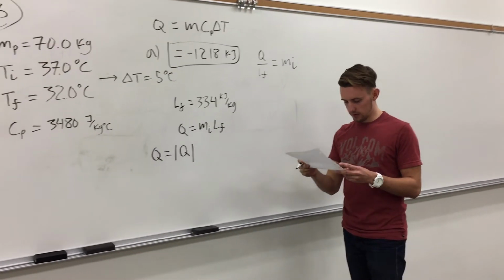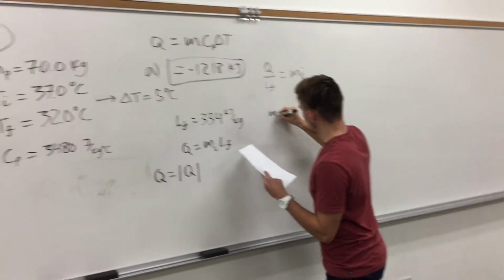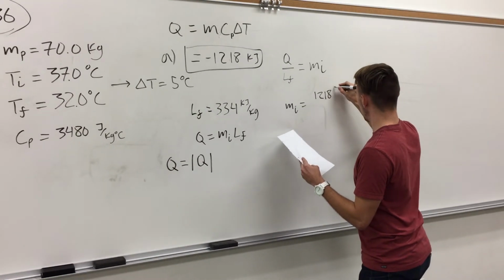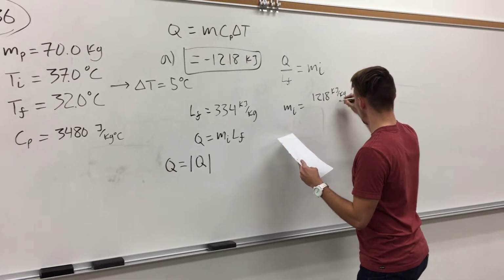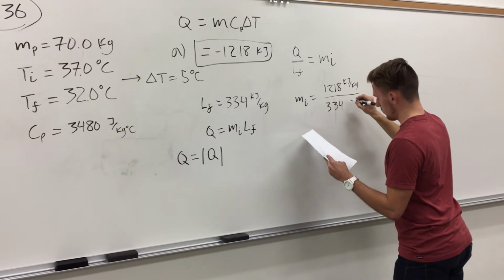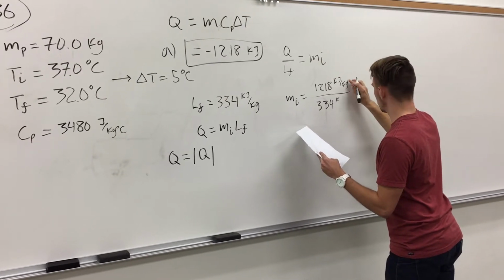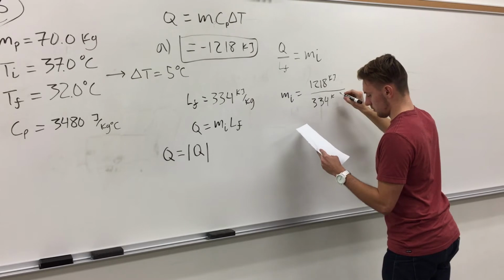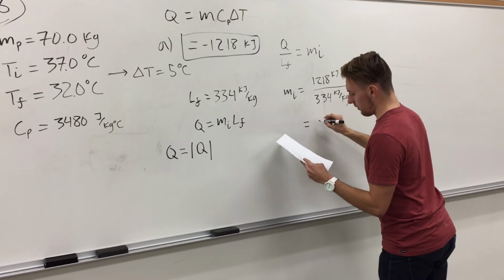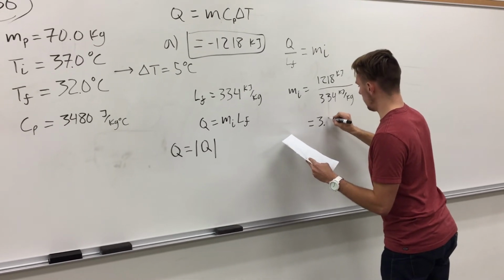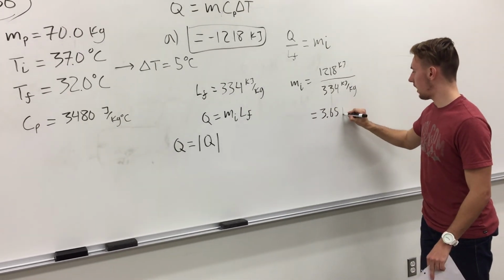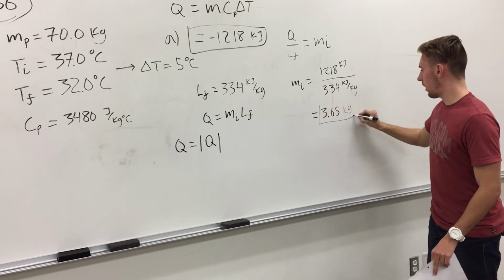So then just going through the calculation using our numbers, we find that the amount of ice, or the mass of ice that we would need in order to cool the patient, is going to be 3.65 kilograms. And there we have our part B.